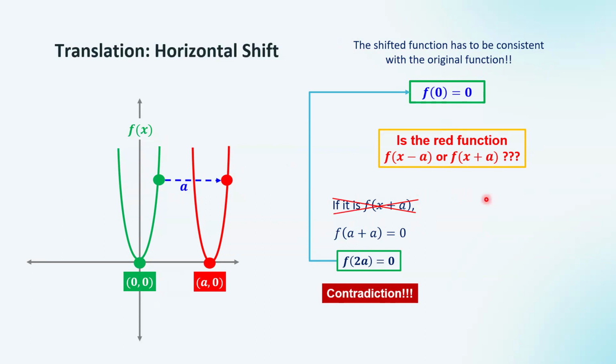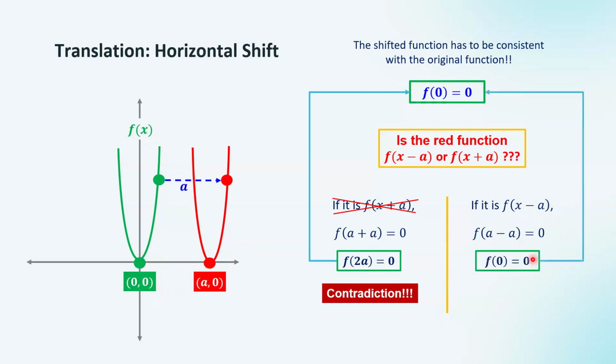It is the fact. Now, let's say we have x minus a, and then we try to input x equals a, and then we say that the value of the function is equal to 0 to emulate the (a, 0), just like what we did before. And over here, we get that f(0) equals 0. Now, is this consistent? Yes, it is.